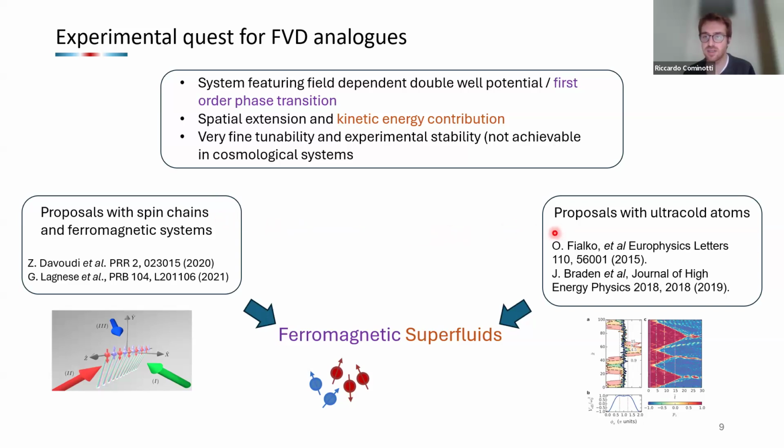And on the other hand, there have been a lot of proposals which aim at using ultracold atoms with an engineered double well potential. And actually, the system that we have in our laboratory, the one we use for the experiment, is kind of in the middle between the two, because it has a ferromagnetic order parameter, and the order parameter also has superfluid character.